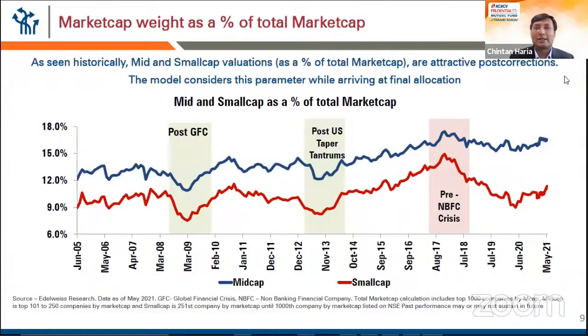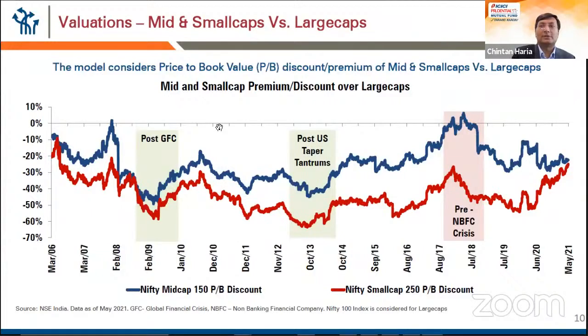So once the small caps hit below 8%, it becomes a good number to go by in terms of increasing the small cap weight. And similarly, there are levels for mid cap as well. The second most important part is how expensive or cheap mid and small caps are relative to large cap. And clearly, if we see in 2008, the blue line had reached its peak.